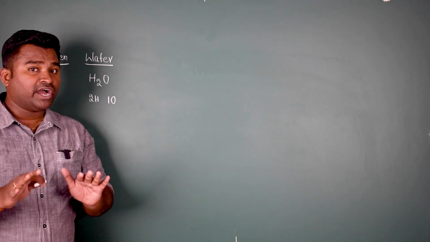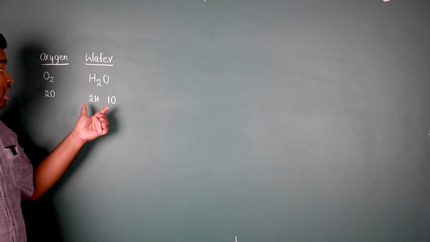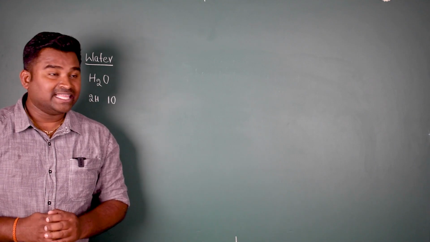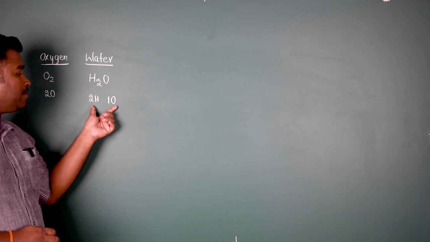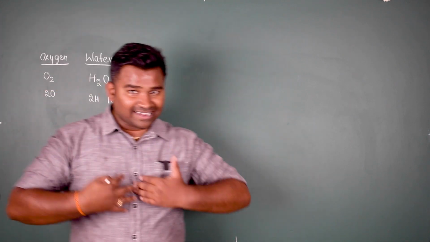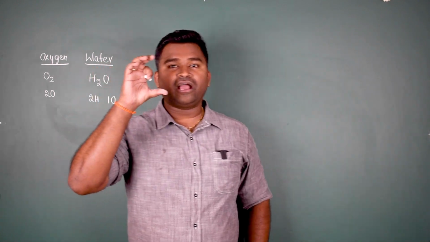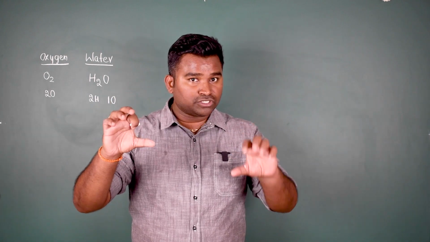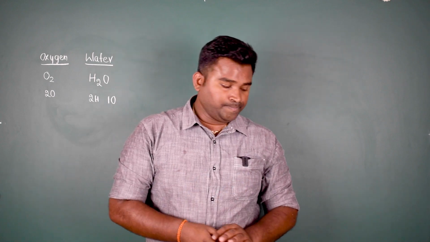The reason why you told me these two substances are different is because the composition of the atoms in these two substances are different. That means here oxygen is made up of two oxygen atoms, water is made up of two hydrogen and one oxygen atom. So I can tell that two substances are different if they differ in their composition. Understood? So if they are differing in their compositions, then the two substances are different, correct?